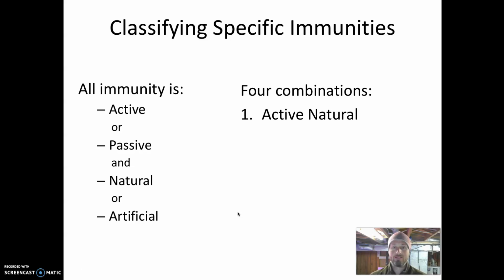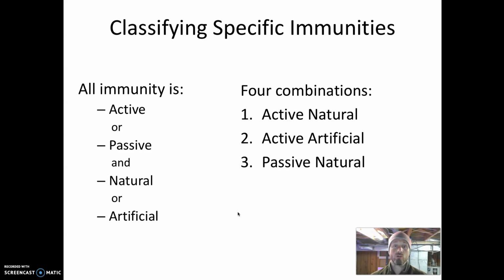We'll think about what that means. Another kind can be active artificial immunity. We'll also think about what that means. There can be passive natural immunity and passive artificial immunity. So we want to be able to apply these four labels to any immune response that we learn about and describe why the label is appropriate.